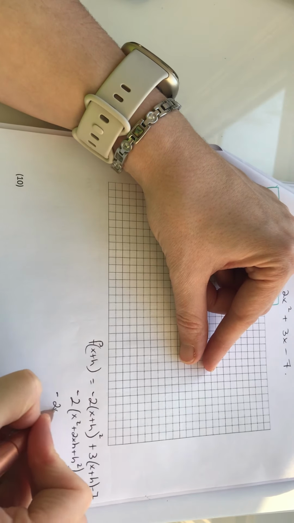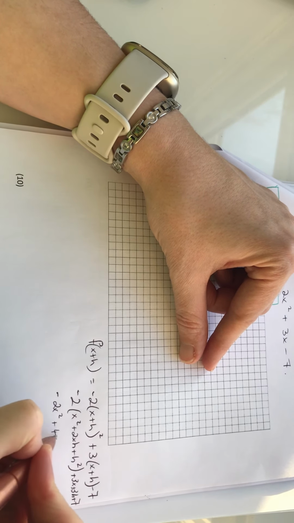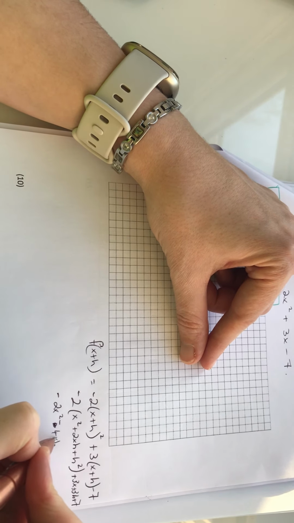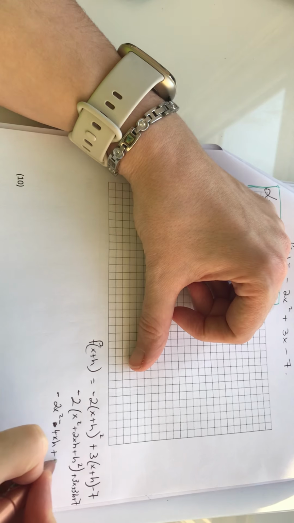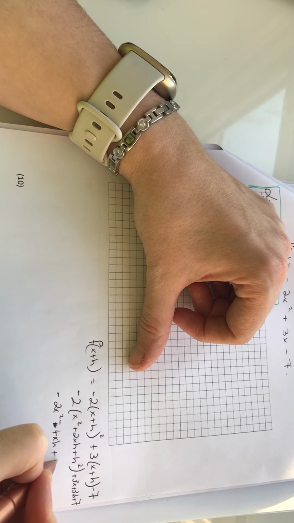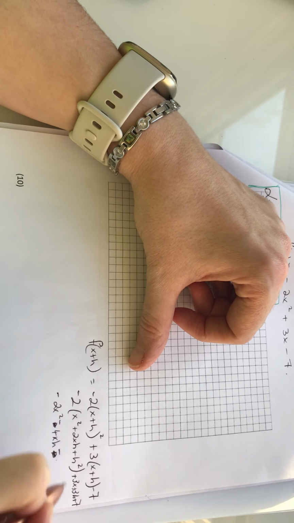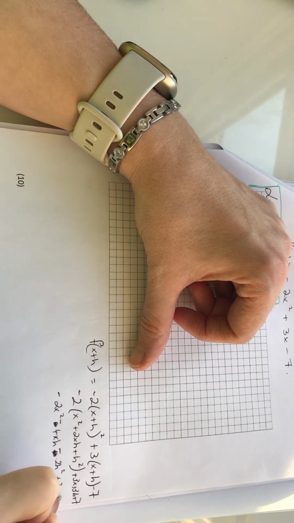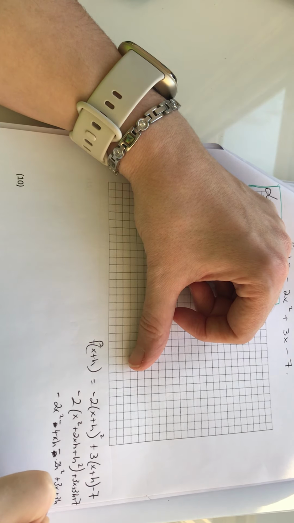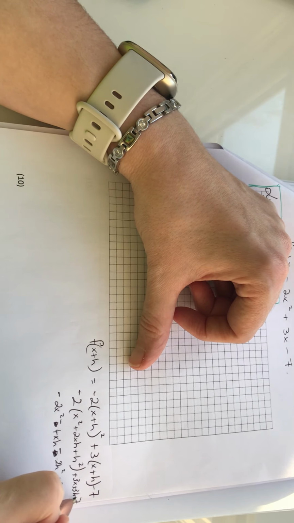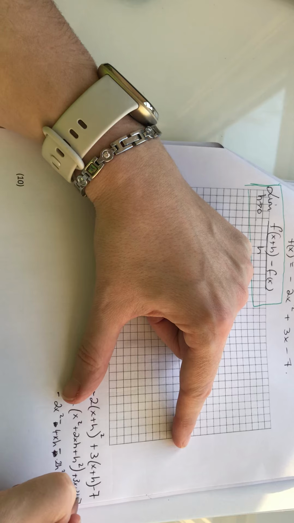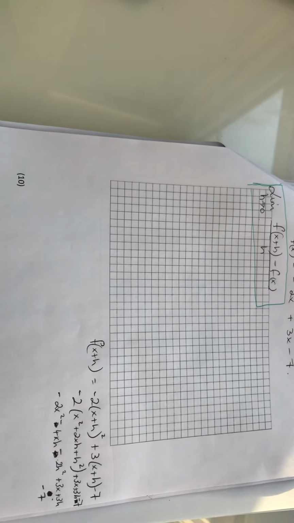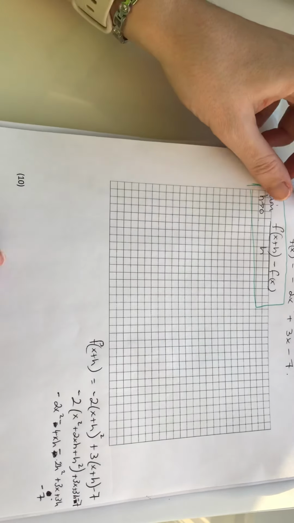Minus 2x squared minus 4xh minus 2h squared plus 3x plus 3h minus 7. Okay, so there's f of x plus h.